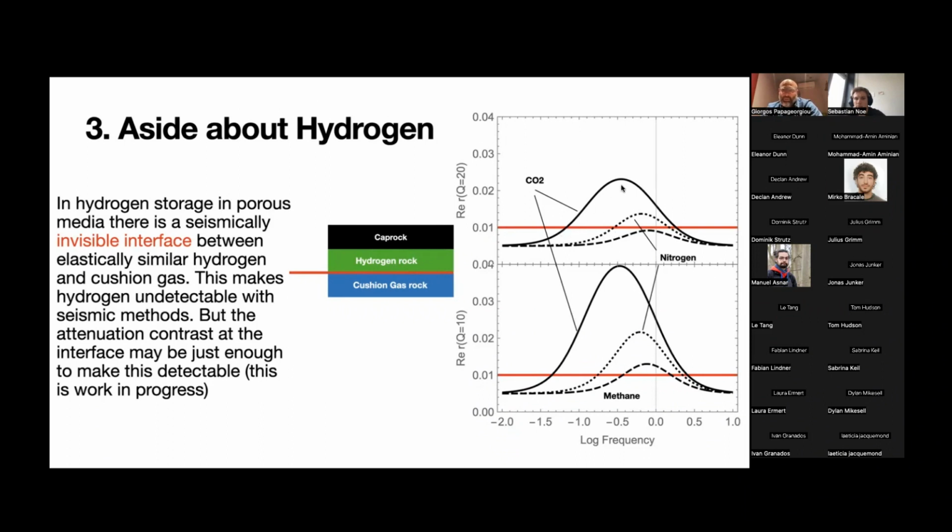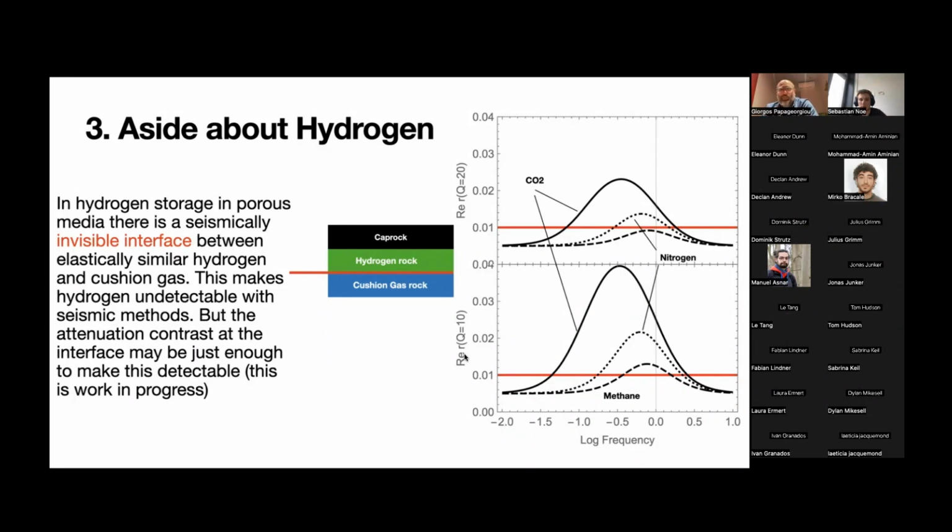And let's see what this difference in viscosity does to the same porous media if you have a hydrogen, a cushion gas, and this interface. The mixing between the two gases is about a meter or two, I think, from fluid modeling. And then we found that CO2 as a cushion gas actually has quite a wide band, this is frequency again, where it makes this reflection coefficient visible.